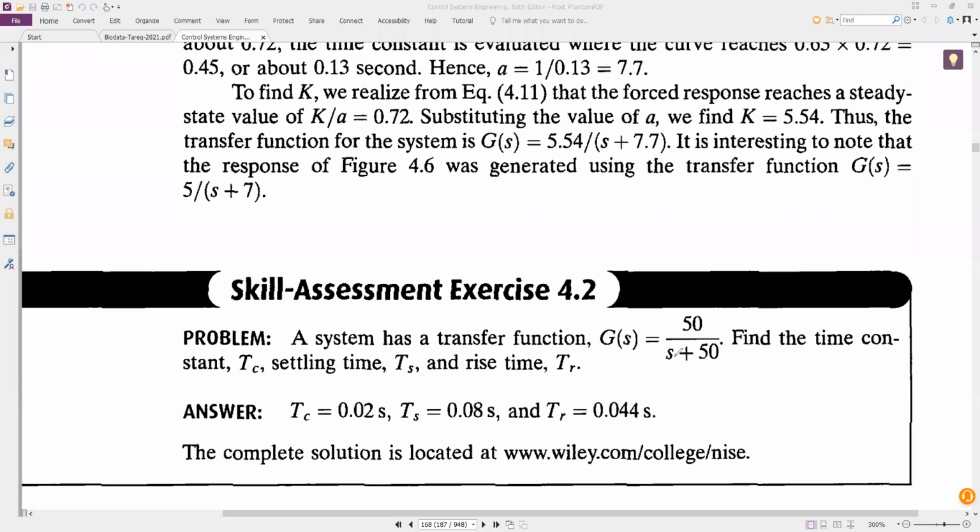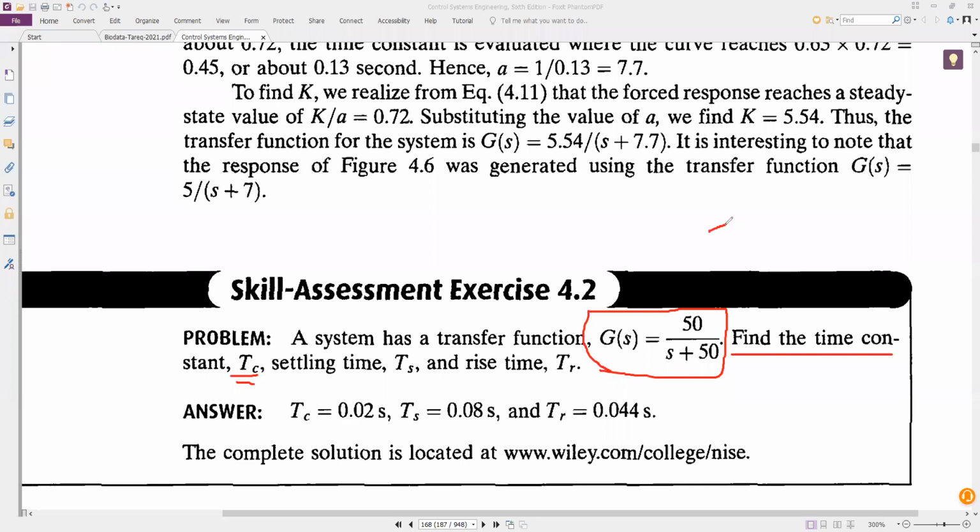A system has a transfer function G(s) equal to 50 by s plus 50. Okay. That is your transfer function. Now find the time constant Tc.